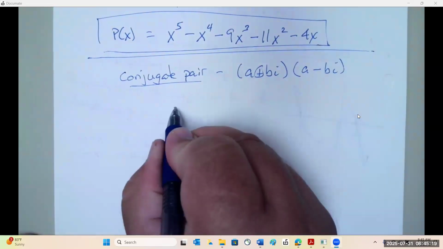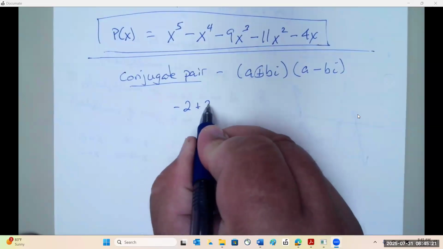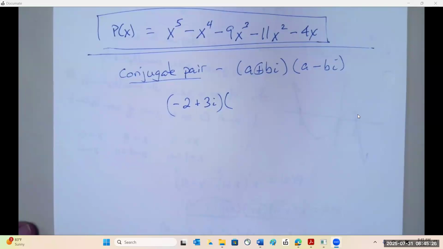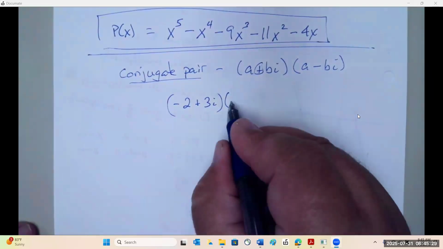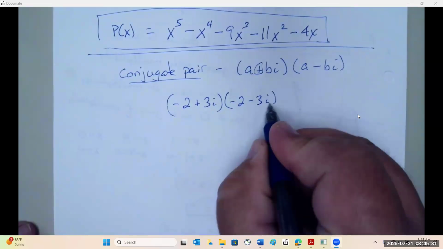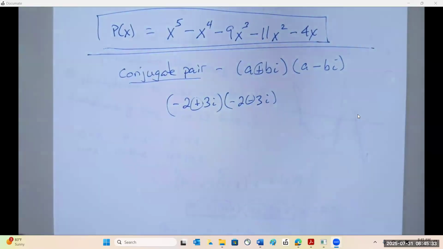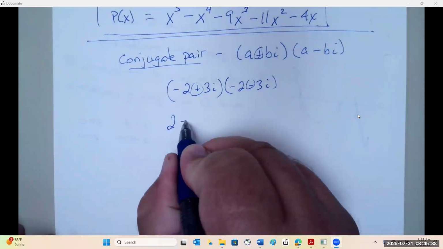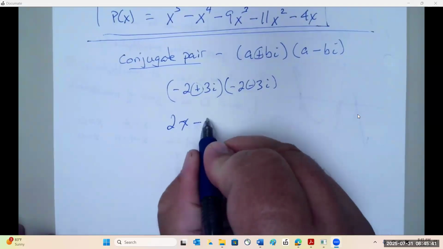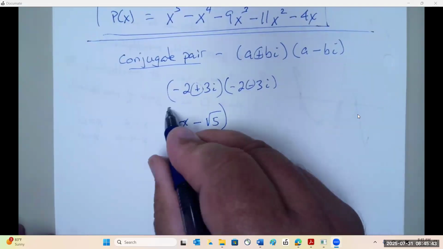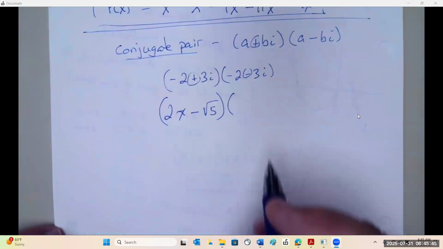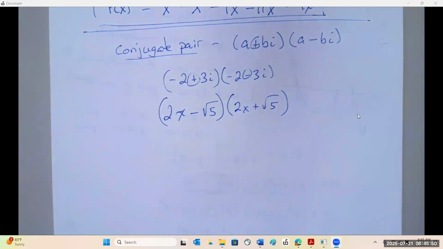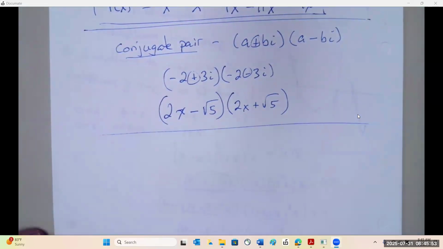Because I could have -2 plus 3i. What is its conjugate pair? -2 minus 3i. All you do is change the sign in front of the imaginary number. Same with the radicals. 2x minus radical 5 will become 2x plus radical 5. So that's what a conjugate pair is.